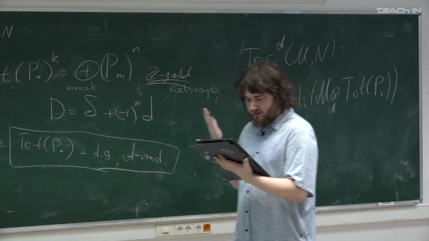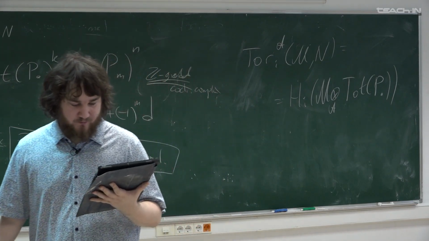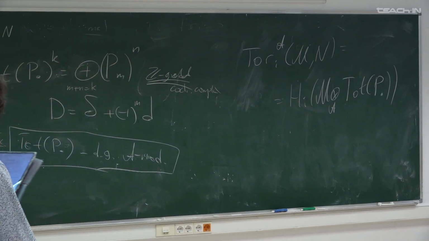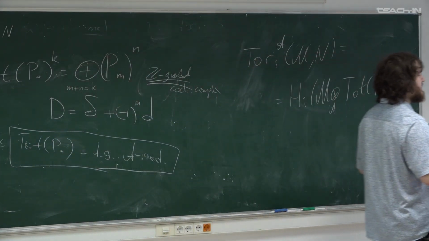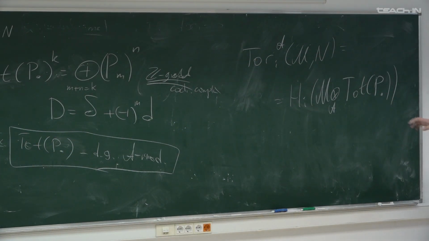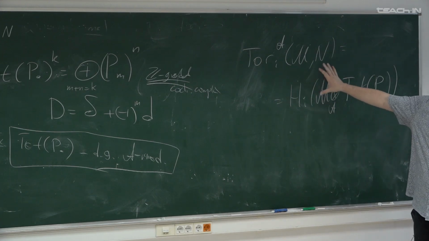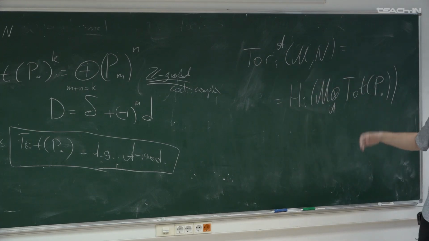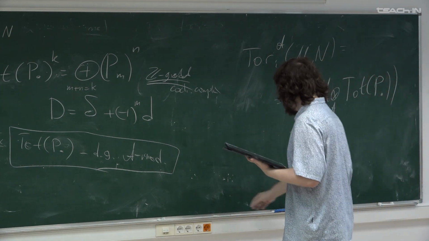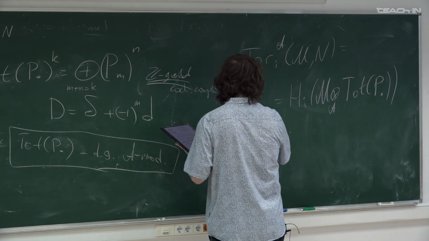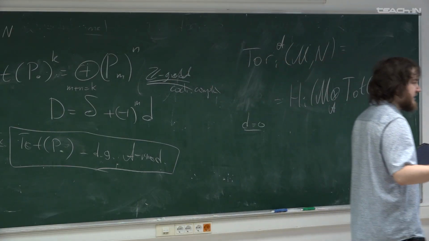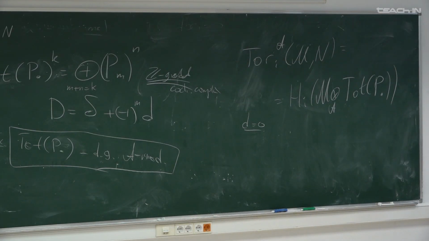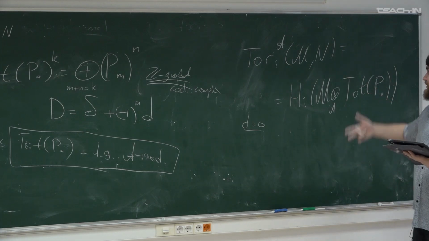The first is that it does not depend on the proper resolution, so it's a correctly defined functor. You can resolve, for example, the left module with a projective resolution, then tensor with N, and you obtain the same thing. If all your differentials are 0, so you have graded modules over a graded ring, you obtain our usual big graded Tor.